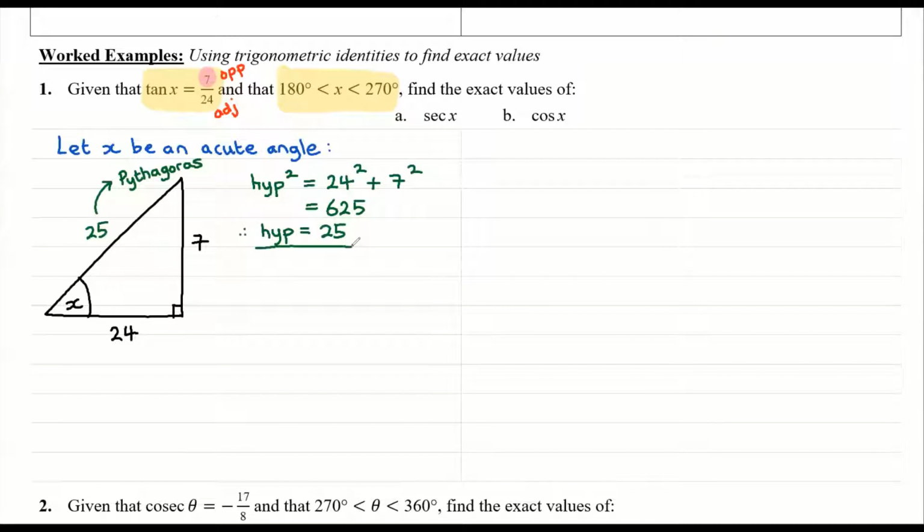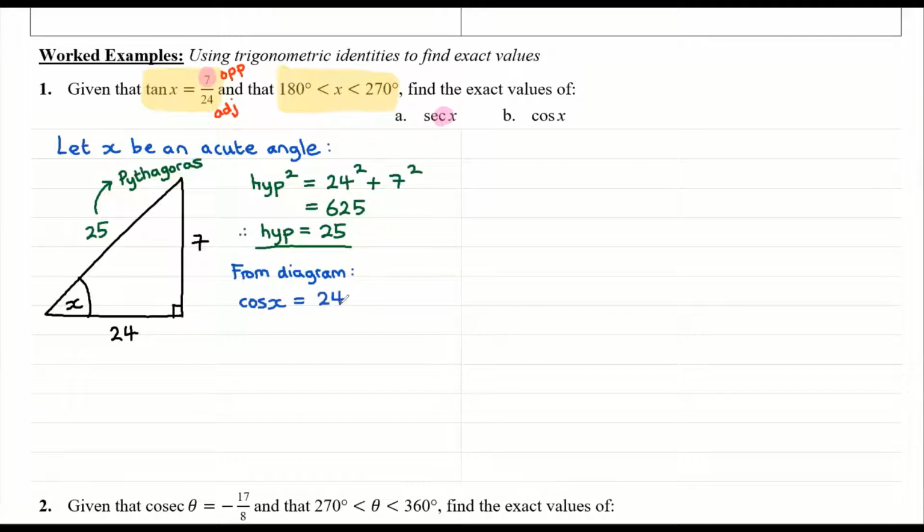Okay, so we're ready to write down some information. Now, we need to find sec for part A. Obviously, sec, if we use that third letter rule here, is going to be the reciprocal of cos. So if we write down what cos is, we should be in business. So from the diagram, we can see that cos x is going to equal the adjacent over the hypotenuse.